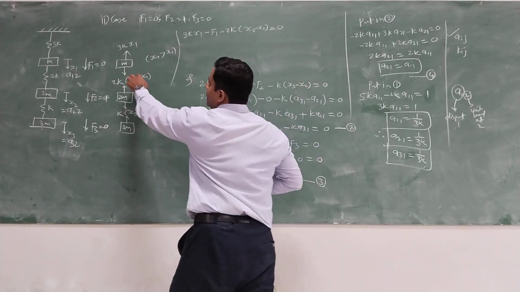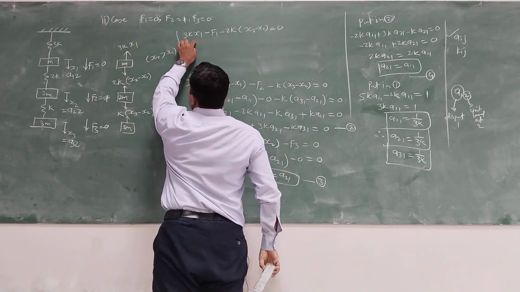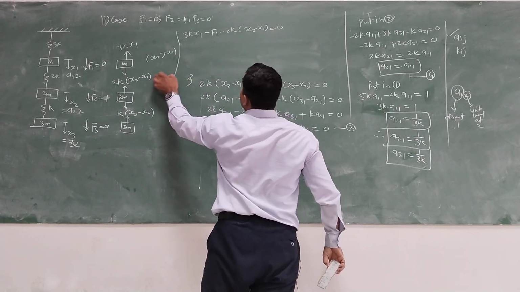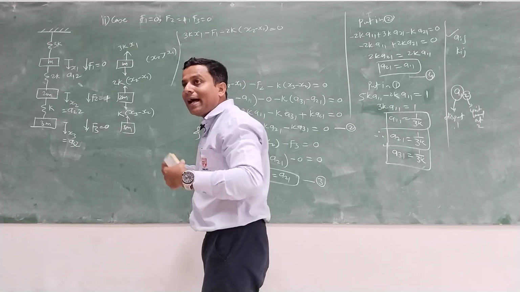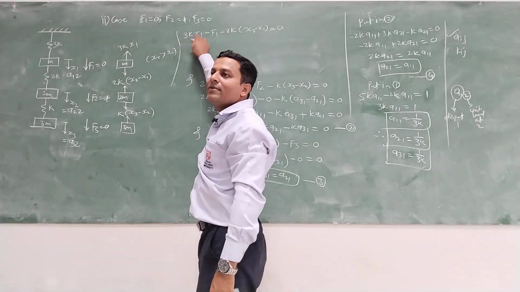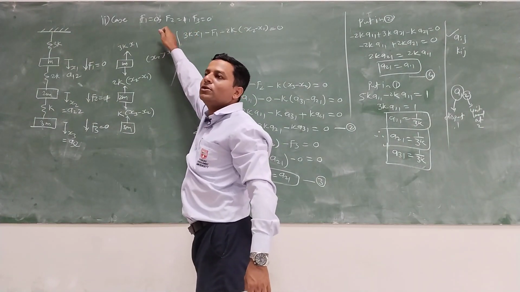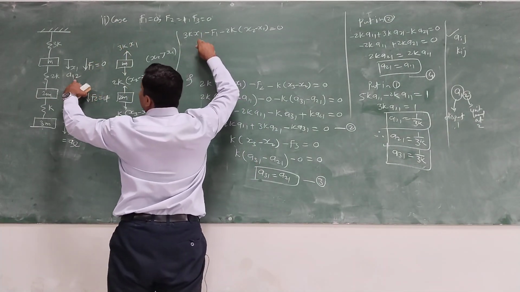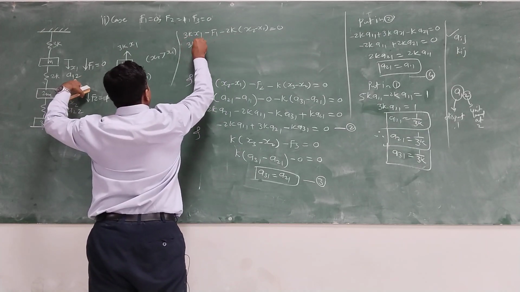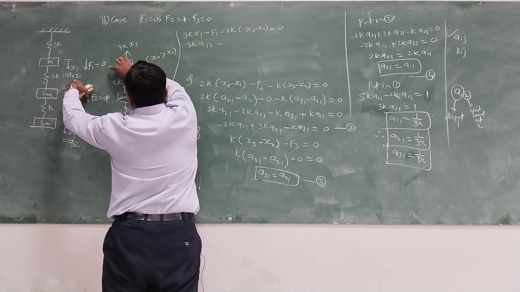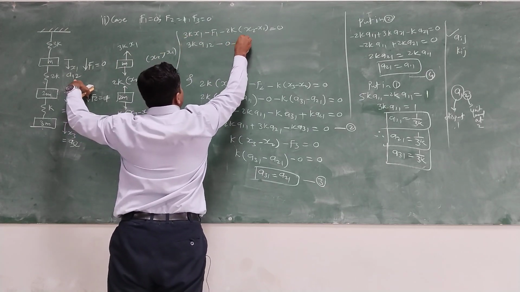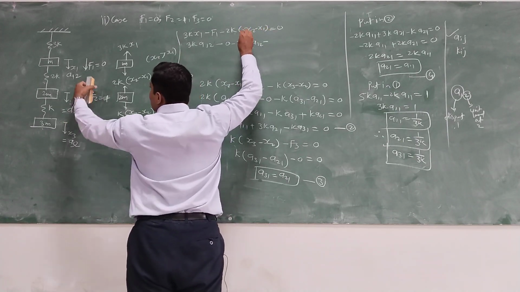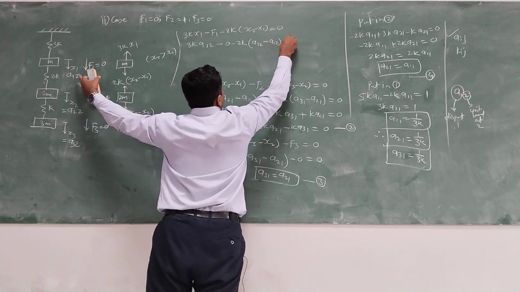See, from the FBD, 3k x1 minus f1 minus 2k(x2 minus x1) is equal to 0. But now we'll put the new values as per case number 2. So I'll put the x1 value as per case 2. 3k A12 minus f1, which is 0, minus 2k(A22 minus A12) equal to 0.